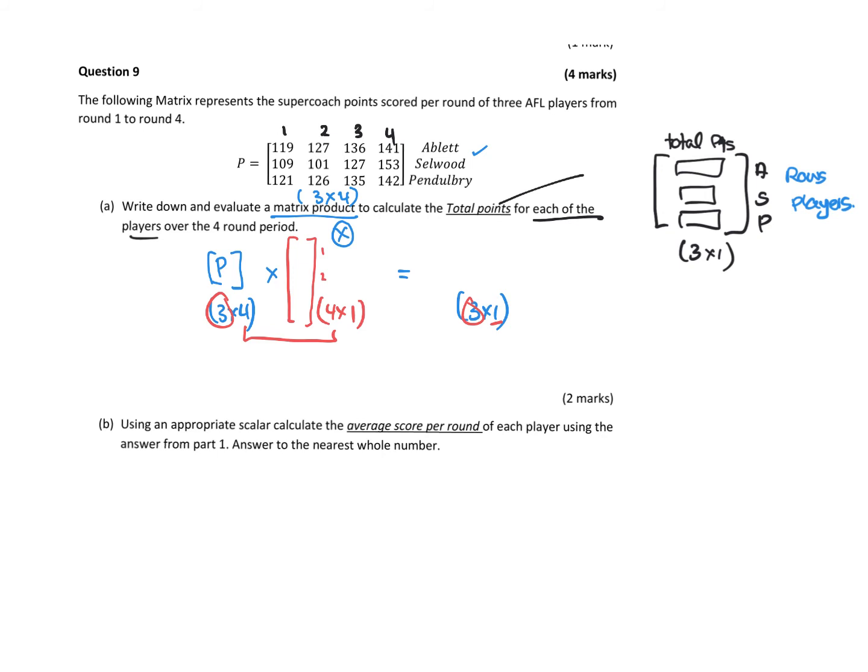But I want to add all the points, so when I run across there, I'm going to dive down this 4 by 1 matrix. Now if I want to add these up, it means I really want to times them all by 1, because it'll go run and dive. So you want to see a matrix like that.